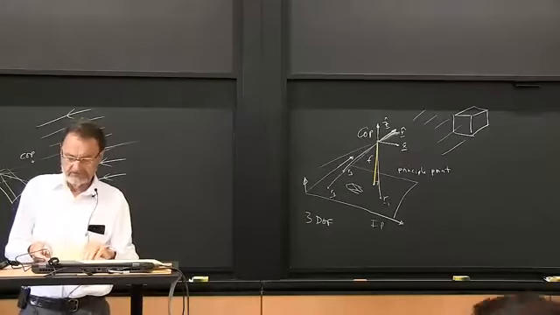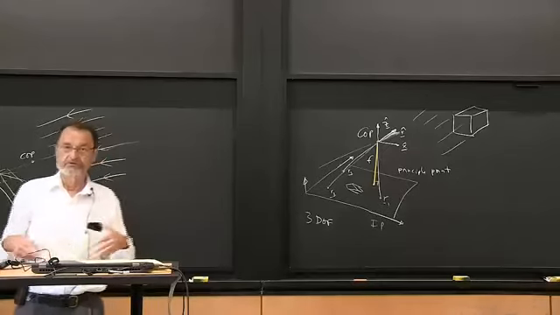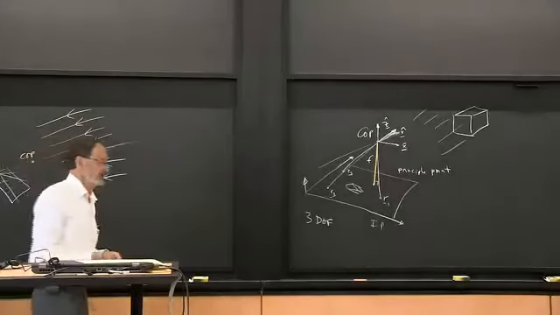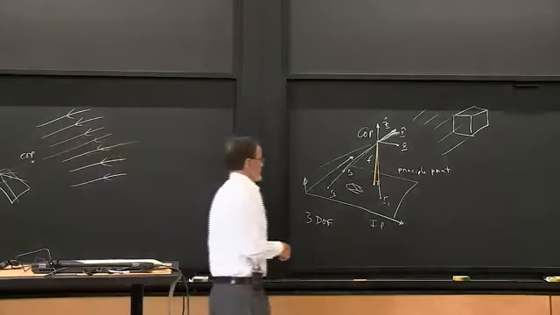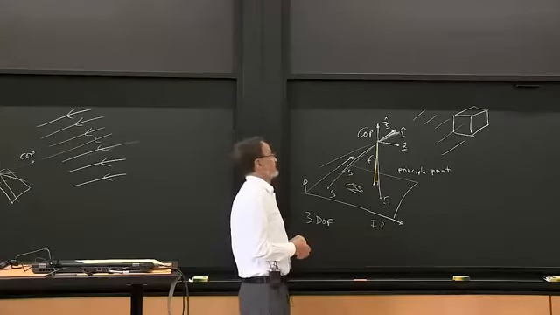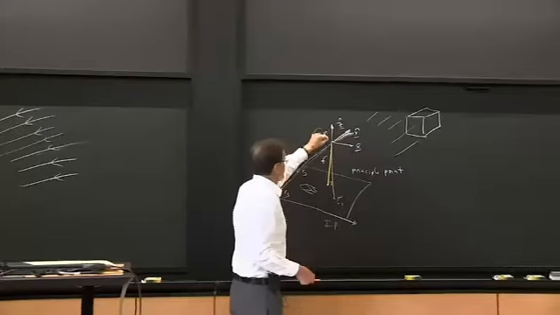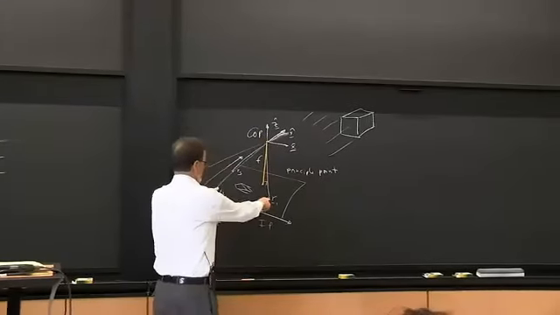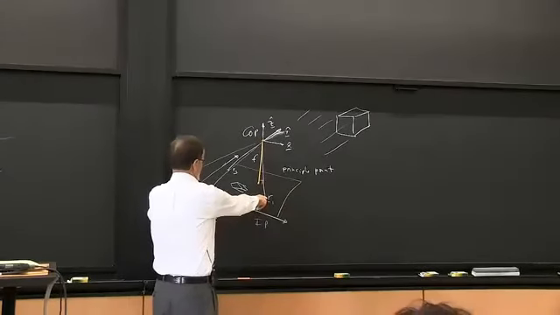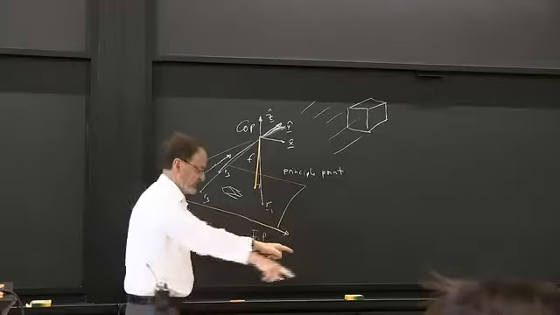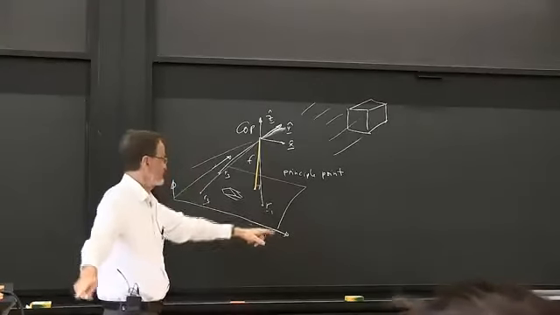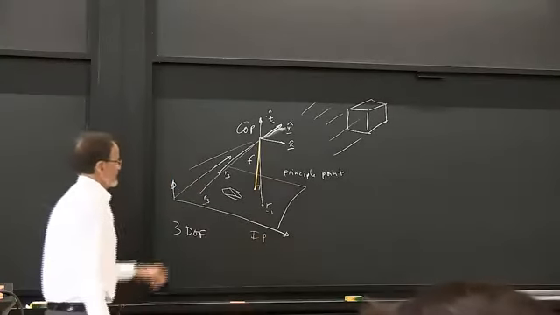If it was some other object and we knew what the angles were, we could use that as well. It'd be slightly less convenient. But okay, so we now know that we're looking for a point up here such that if you stand there and you look down into the image plane, the directions to these vanishing points will be at right angles to each other. So that's a task.